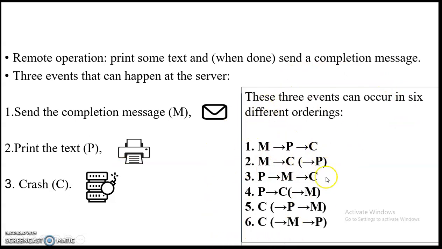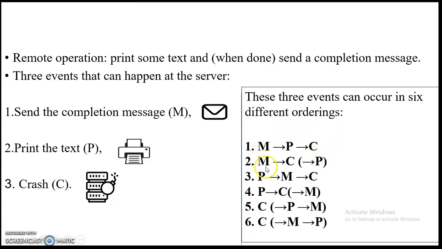Here, if you see, there are certain events mentioned in brackets. This suggests that these events have occurred after the crash has taken place. If we see MPC, that means the message was sent, the printing was done, and then the server crashed.